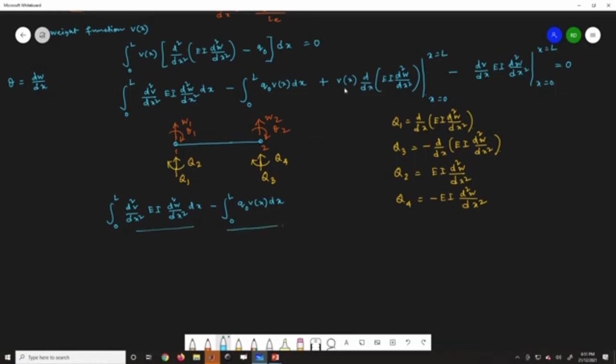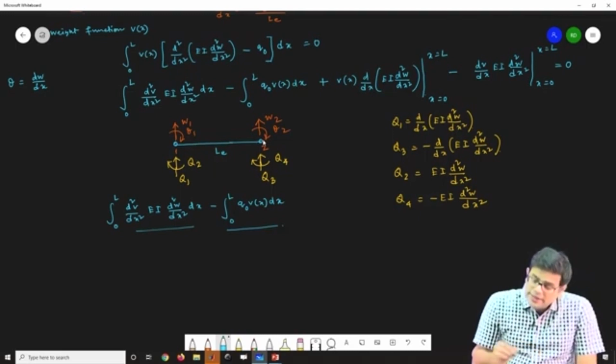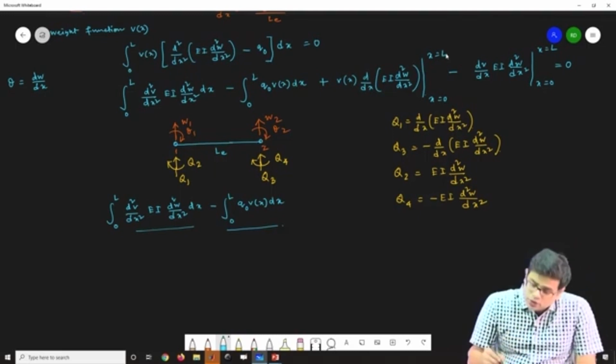So I will just put the boundary condition terms. At x equals L, which is LE basically here, if I choose the length of the element as LE, then x equals 0 at one end and x equals LE at the other.